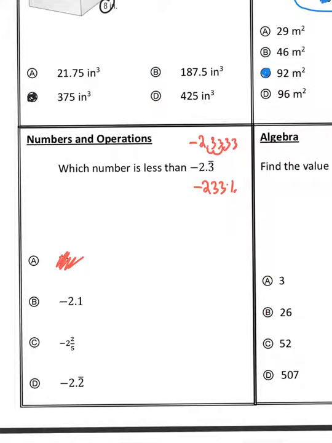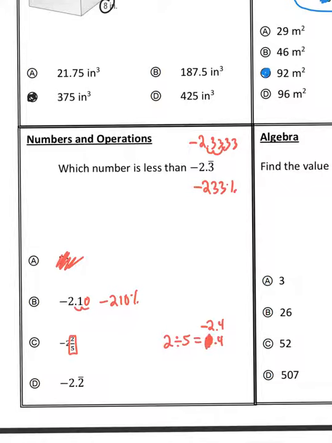Okay, now for B, it's a decimal, so I'm going to deep it. I'm going to move the decimal twice to the right. It becomes negative 210%. For C, it's a mixed number. So what I'm going to do is start with that 2/5. Remember, that means 2 divided by 5, which is 0.4. Now, since it's negative 2 and 2/5, that means it's negative 2.4.